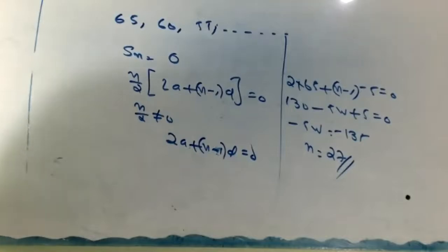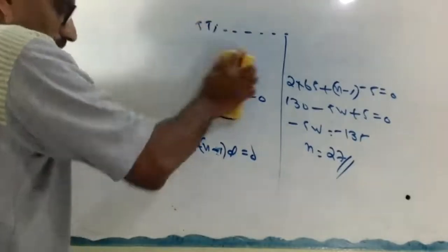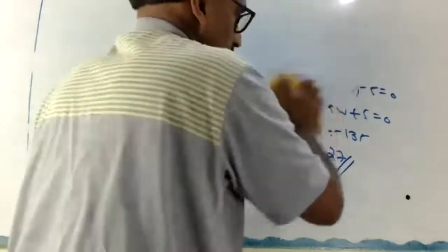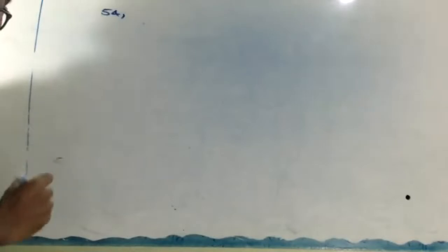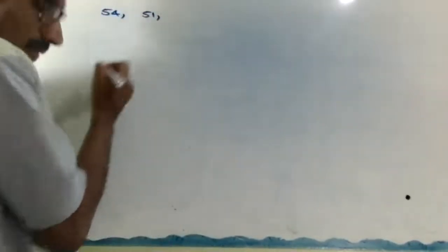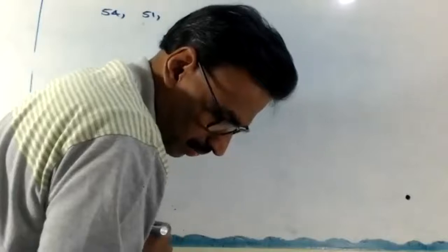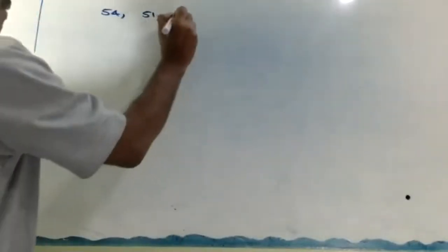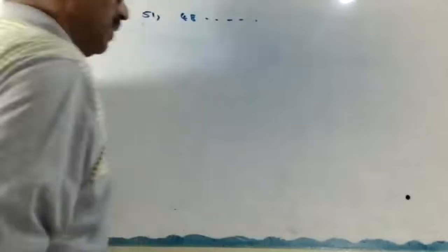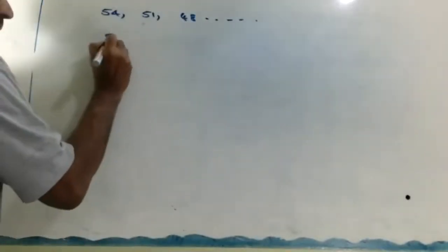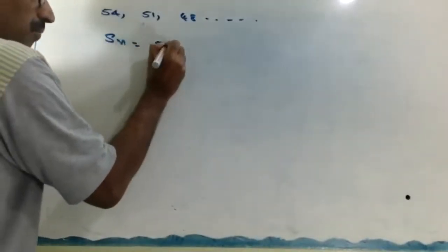Look here. 54, then 51, next is 48, right? So on, and the sum is 513. You write like this: Sn equal to 513.